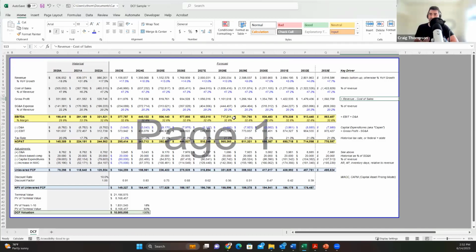So one thing I want to talk about with the DCF model: we've spent a lot of time on the discount rate, and now we've spent some time talking about the terminal value assumption and its importance. I also want to spend time on what these actual line items are.